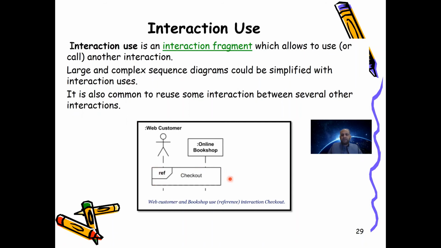It is being shown as a black box. At the moment, you don't know what is inside or how it has been modeled, but it is being used over here. So there are two lifelines, web customer and online bookshop, and it has been developed somewhere else and is being referred to here. Its name is checkout. Large and complex sequence diagrams could be simplified with interaction uses. It is also common to reuse some interaction between several other interactions.